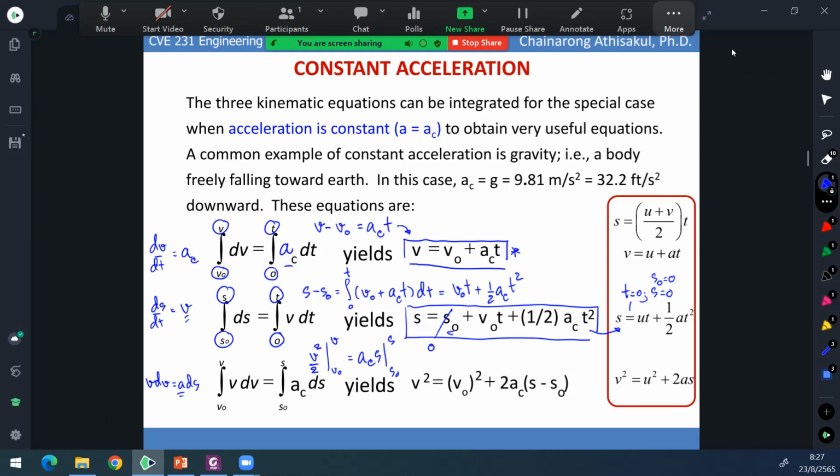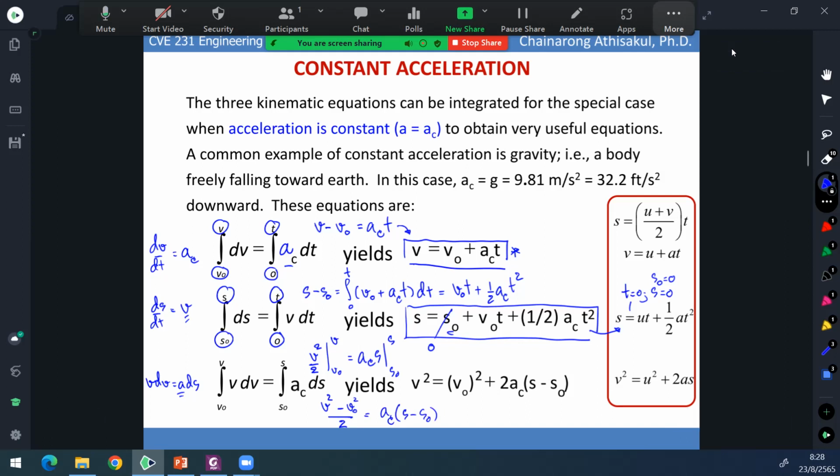Substituting the limits of integration, we have (v squared minus v0 squared) over 2 equals a_c times (s minus s0).